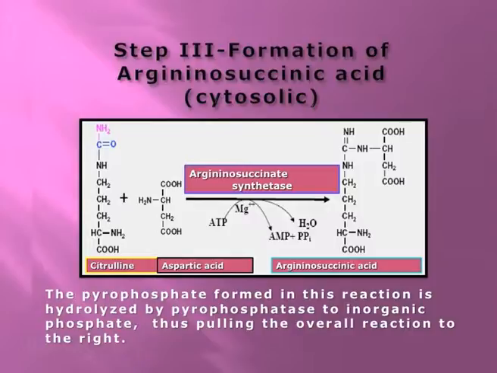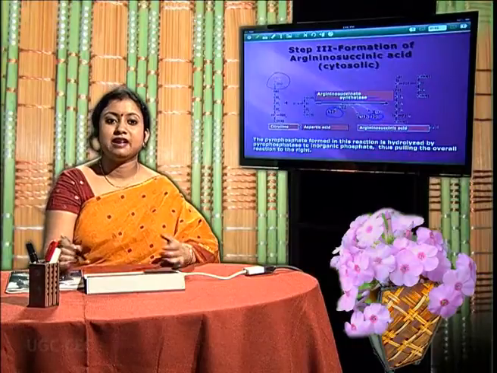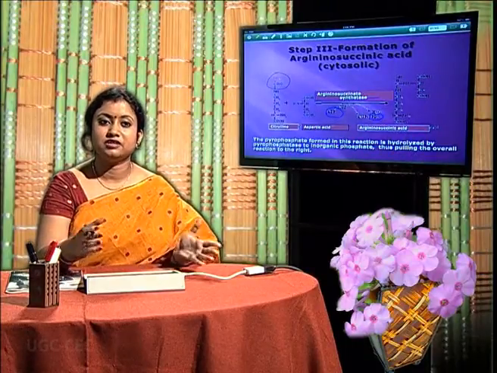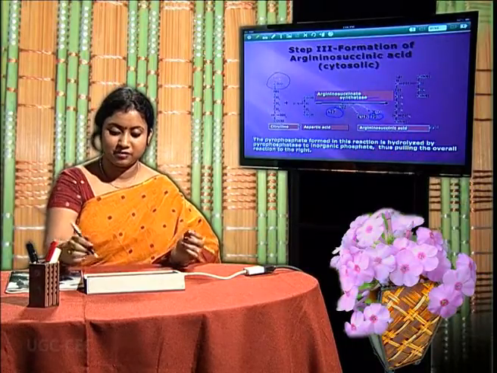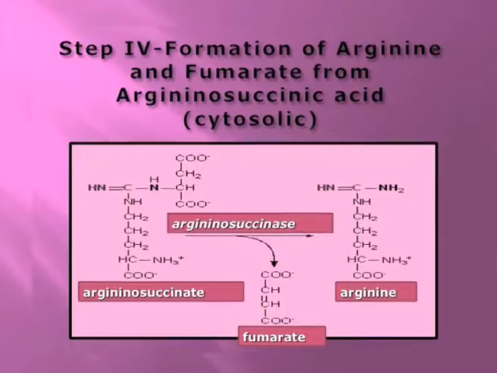This reaction also requires ATP, and the pyrophosphate in this reaction is hydrolyzed by pyrophosphatase to produce inorganic phosphate, and as a result the overall reaction is driven in the forward direction. In step 4, from argininosuccinate, arginine and fumarate are produced. The enzyme is argininosuccinate lyase, or argininosuccinase.